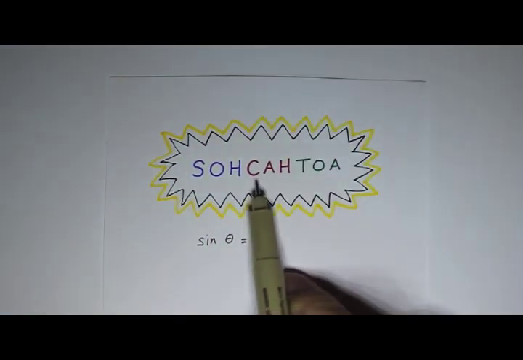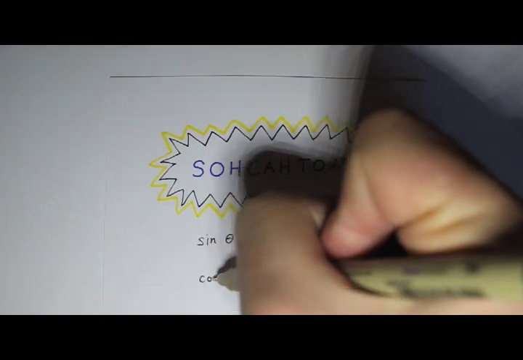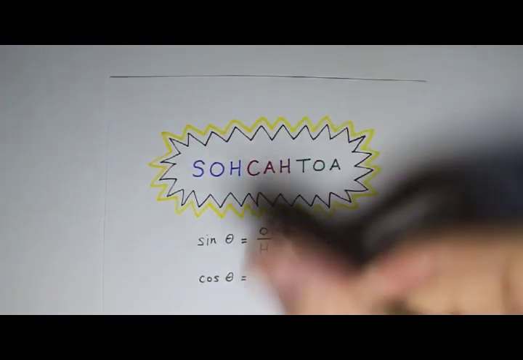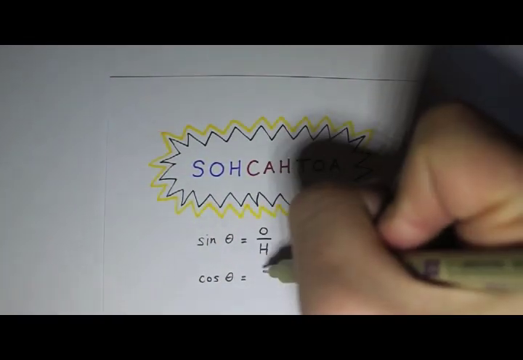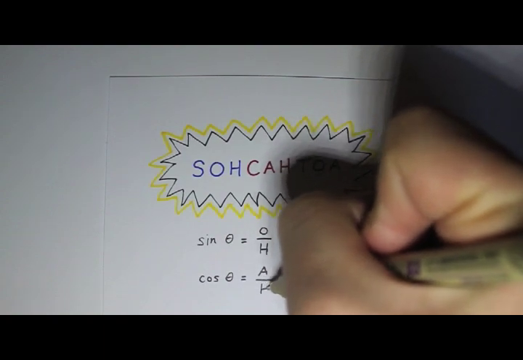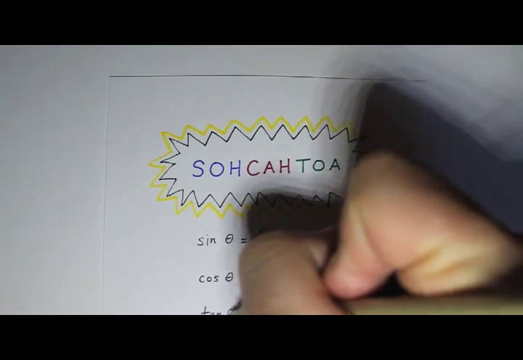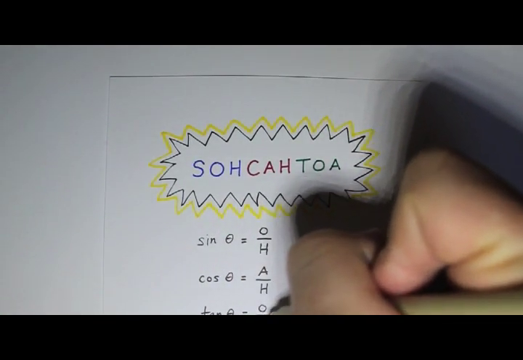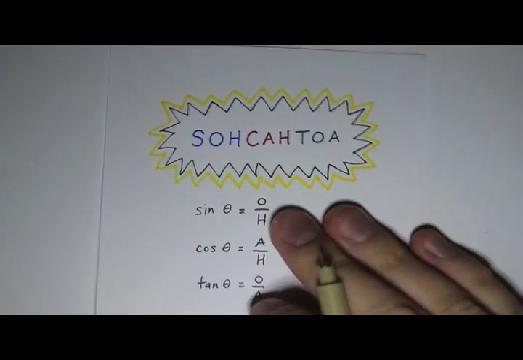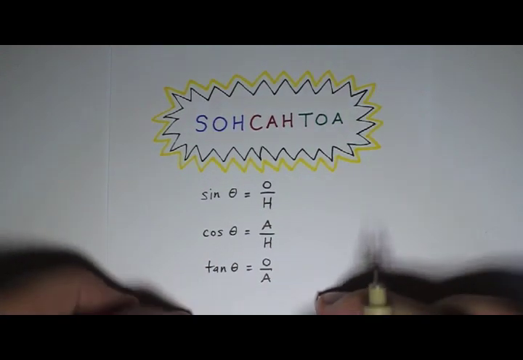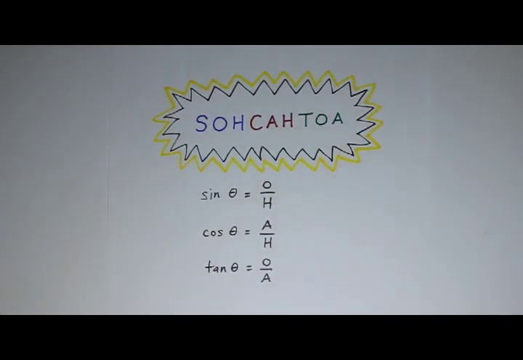And then the cosine of theta, that's what the C stands for, is adjacent divided by hypotenuse. And then finally, tangent, that's what the T stands for, tangent of theta is opposite divided by adjacent. So it's just a simple mnemonic device, can help you remember what order things go in for the sine, the cosine, and the tangent. So let's use it.